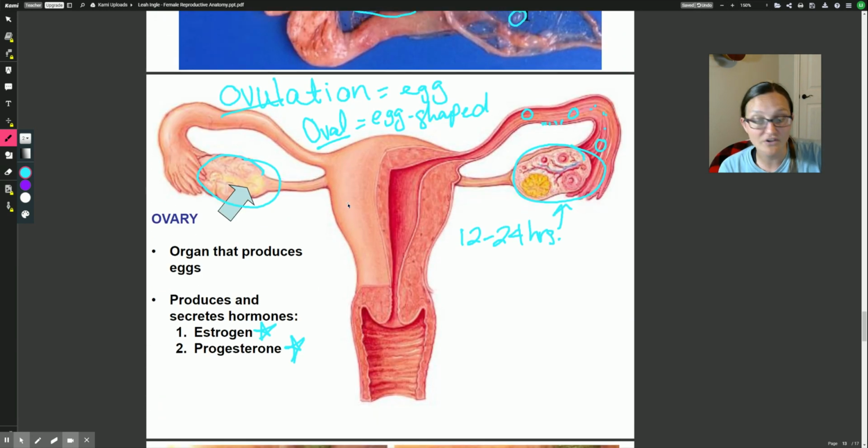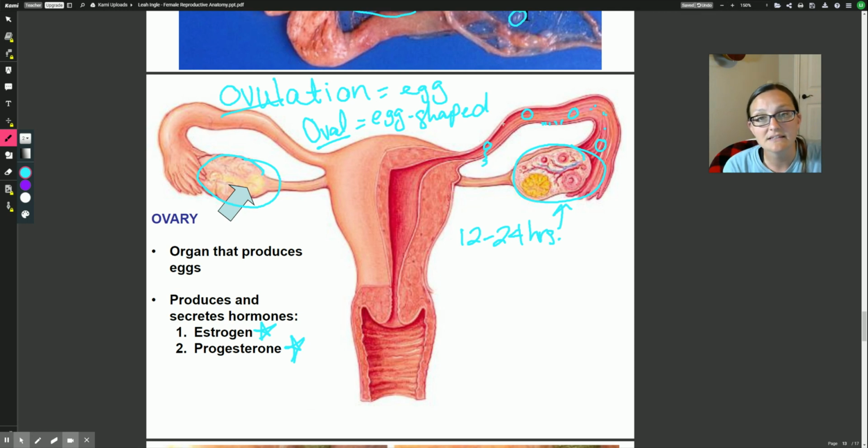So what happens with fertilization? All right, so let's say sperm makes its way through the vagina, past the cervix and into the uterus. If you are ovulating or about to ovulate soon, then the sperm will try to make it to the fallopian tube. So there we go, I'm a spermie.